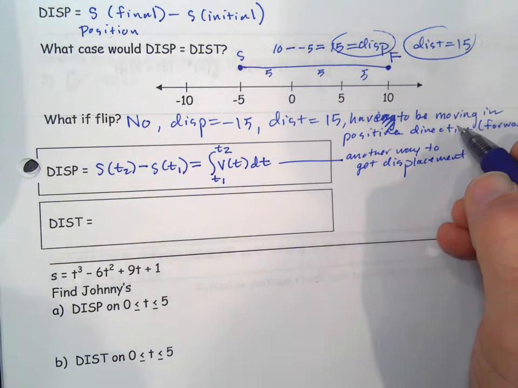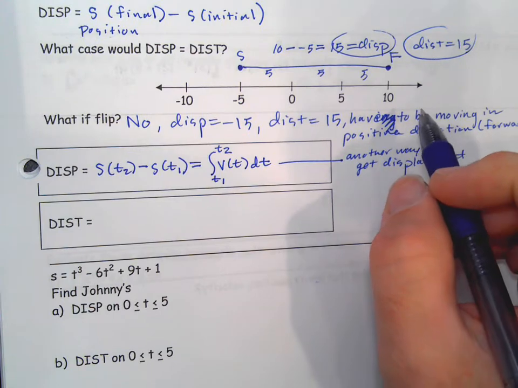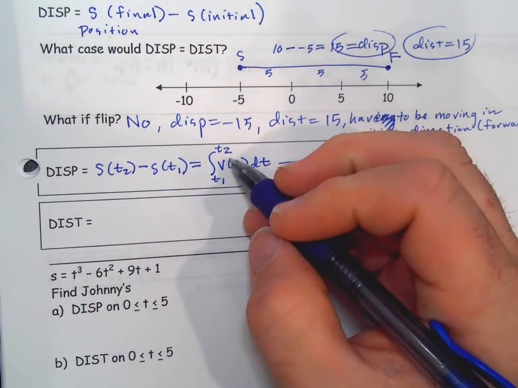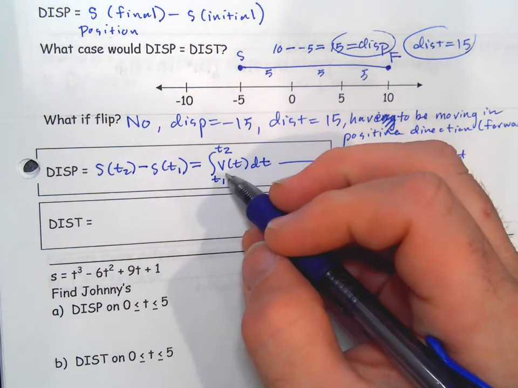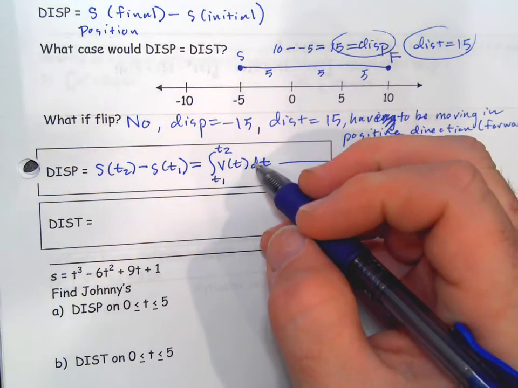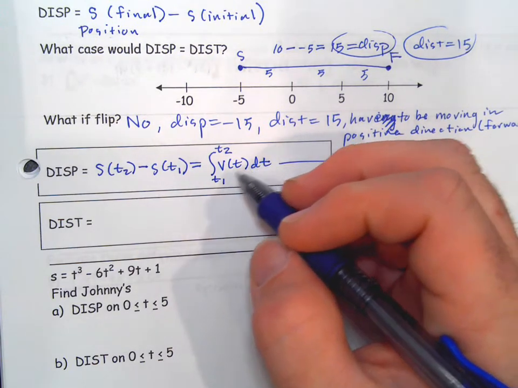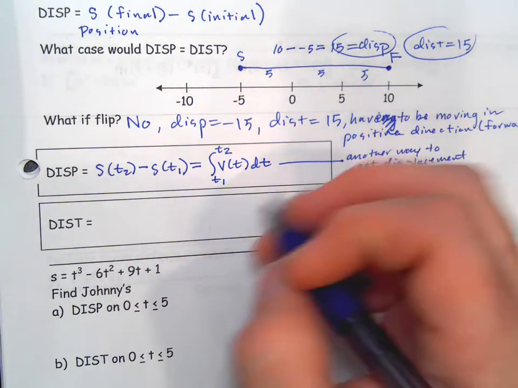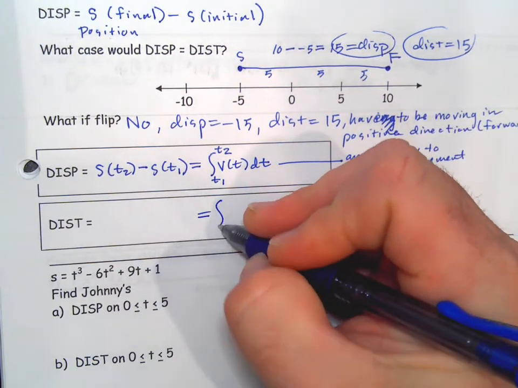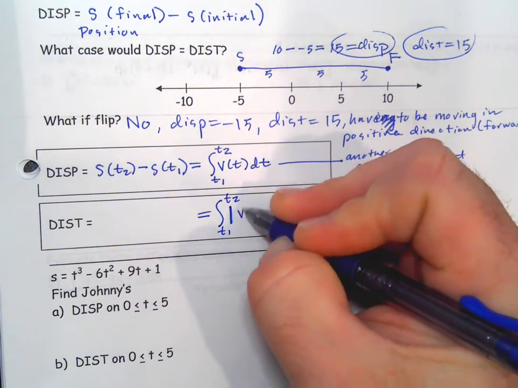Distance. The way we're going to find distance is this: when you integrate velocity, positive changes and negative changes cancel each other out, and you just get the overall difference in the end. But if you want all the changes to be considered positive so that they all add up, the simple way of doing that is by taking the absolute value of the velocity.